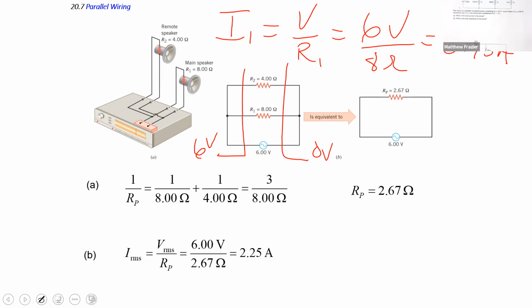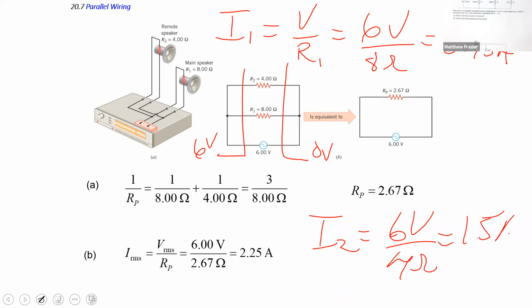And then you calculate for I2, 6 volts over 4 ohms is 1.5 amps. And we go back and we check, does that match our naive assumption? Yeah, I2 is twice as big as I1. And together, 1.5 plus 0.75 adds up to our 2.25. So that's good.